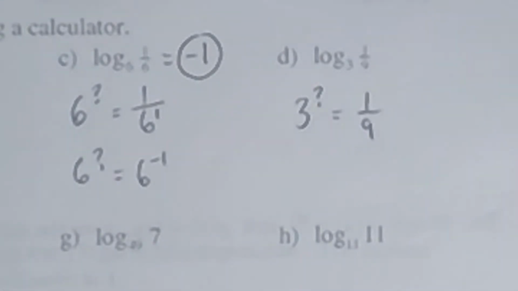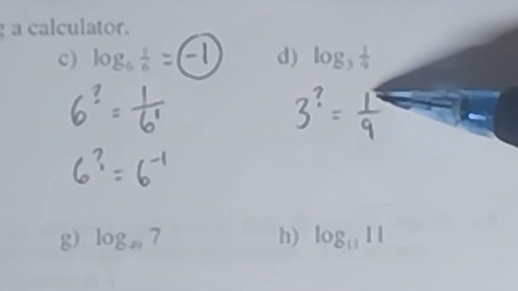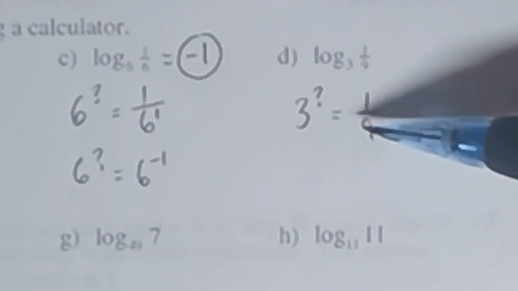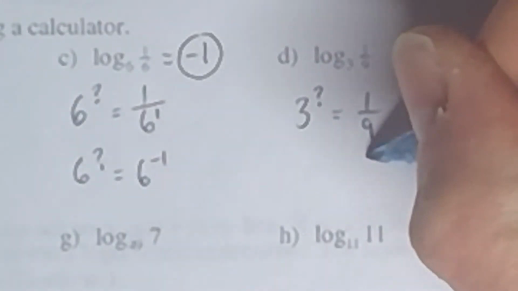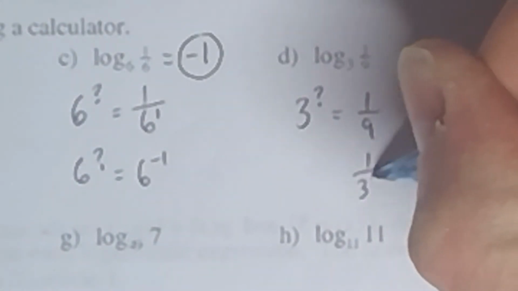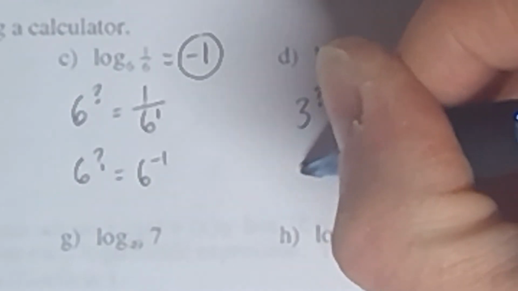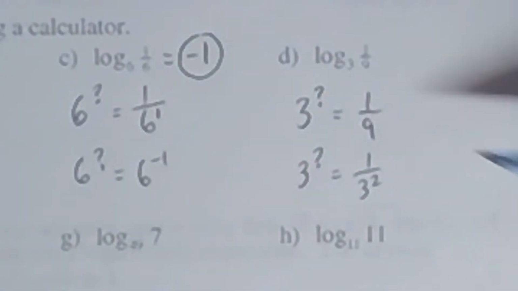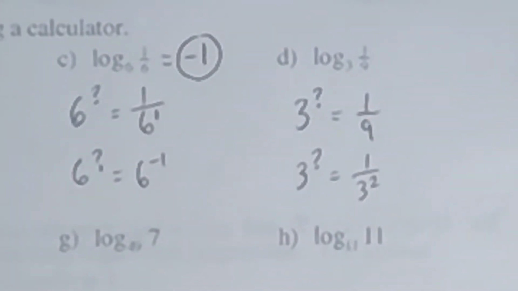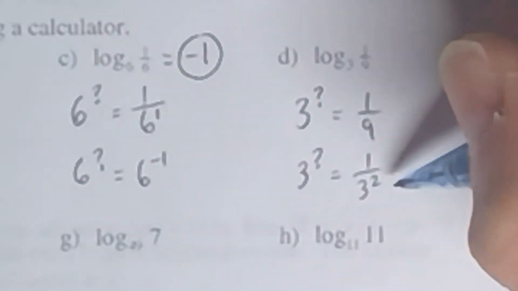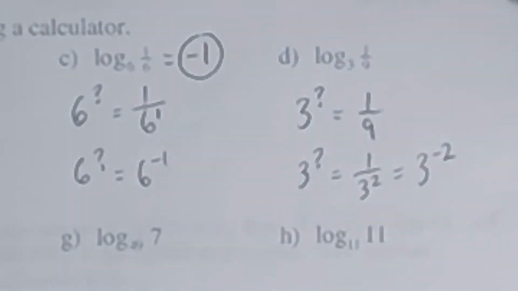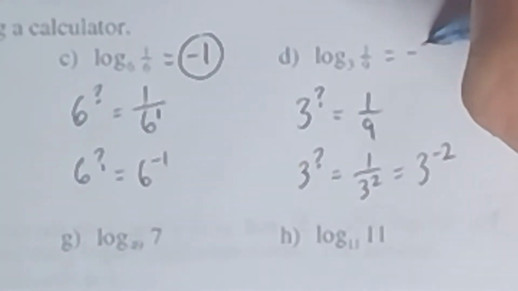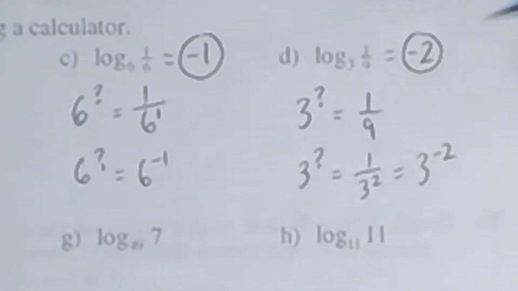Again, just like in the last problem, since the top is 1, we want to take the bottom and rewrite it with the same base as we have here, which is 3. As you guys know, 9 is 3 to the second. And since you have 1 over 3 squared, using that same rule that I showed you from chapter 1 a moment ago, that's going to be 3 to the negative 2 power. And so that must mean that negative 2 is the missing exponent.